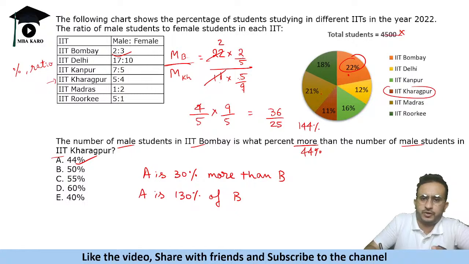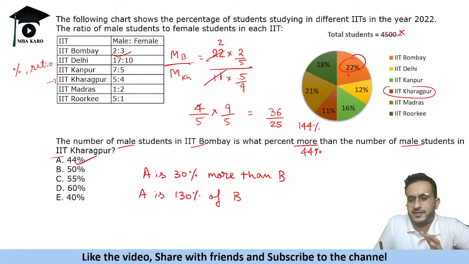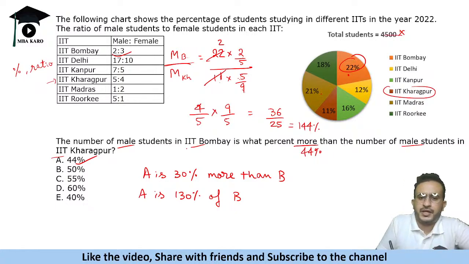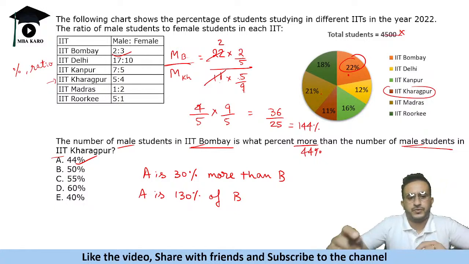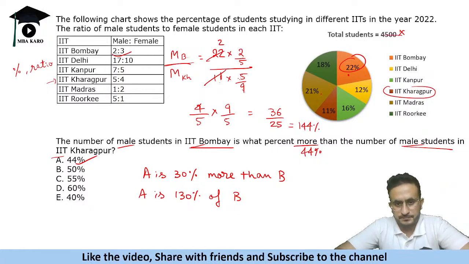Since the denominator is 5 by 9, we multiply by 9 by 5. That gives 36 upon 25. See, division by 25 is very simple, just multiply by 4. So 36 upon 25 is 144%. So IIT Bombay male students are 144% of male students in IIT Kharagpur. It is asking how much more, so 44% more. That is your answer.